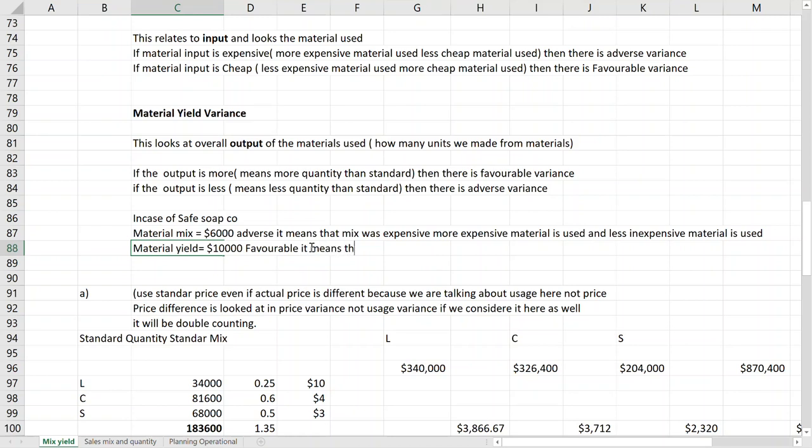It means the output achieved from input is more than we would have achieved had we followed the standard. Does that make sense? First, just give explanation and then make it specific.